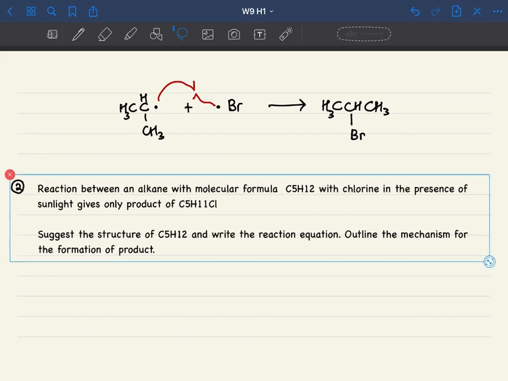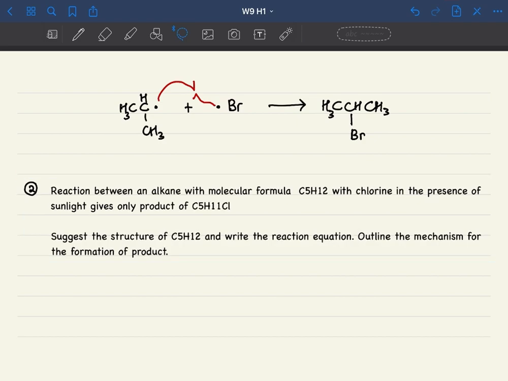This question tells you that the reaction between an alkane with molecular formula C5H12 with chlorine in the presence of sunlight gives only one product. I forgot to mention that this is only one product of C5H11Cl.